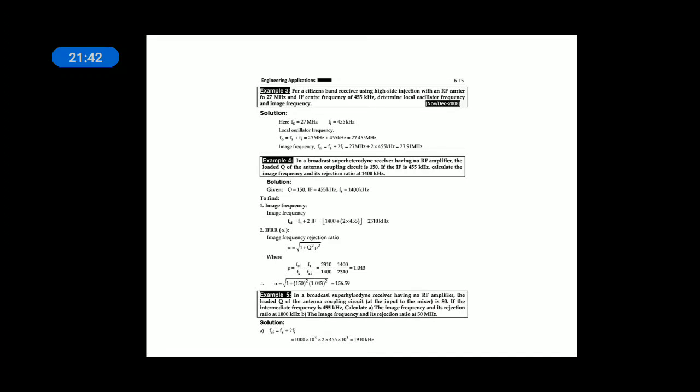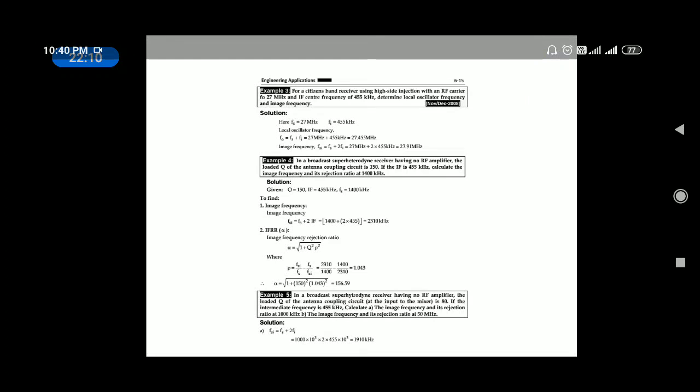It is a Citizen's receiver, not an AM receiver. They provided FS and FI, that is IF. They provided two things, and you need to calculate two things: image frequency and local oscillator frequency.